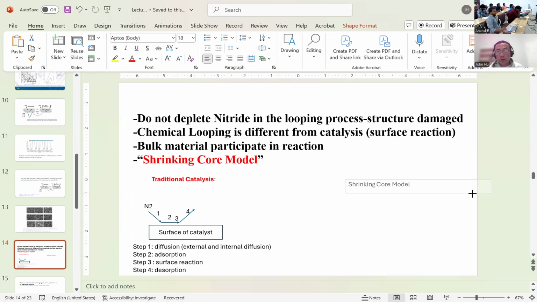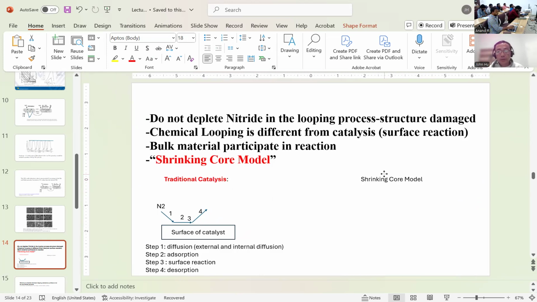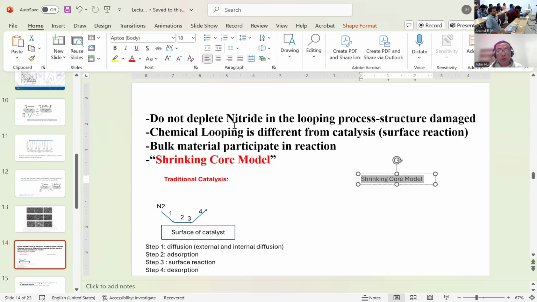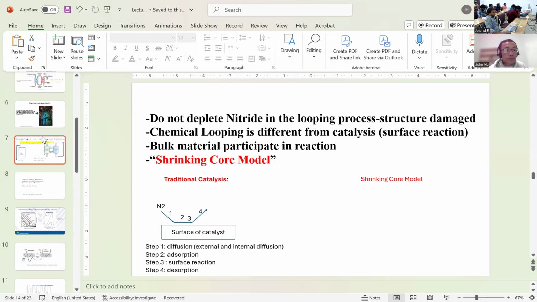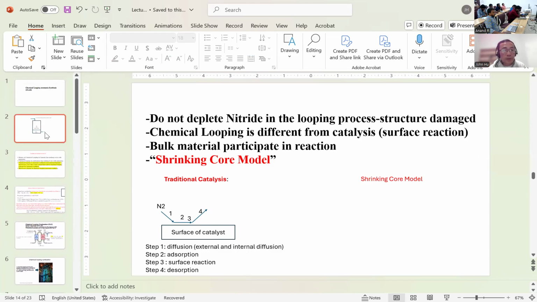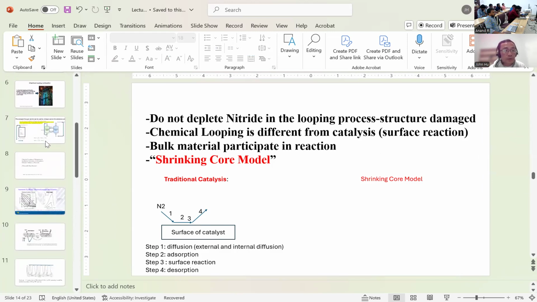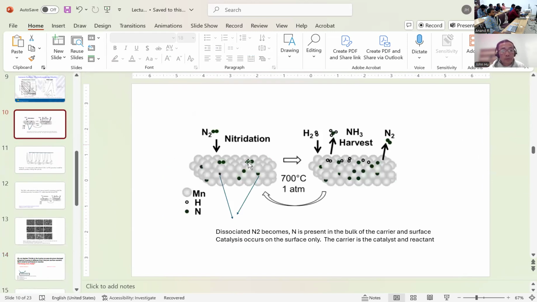How does the shrinking core model work? It's like this. I'm going to borrow the structure from the paper. Okay, let's borrow this structure.